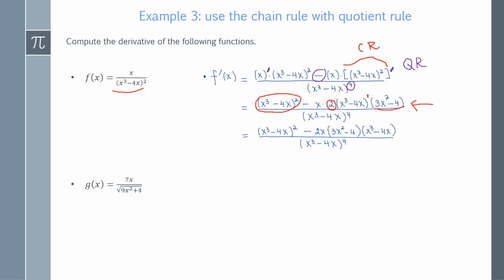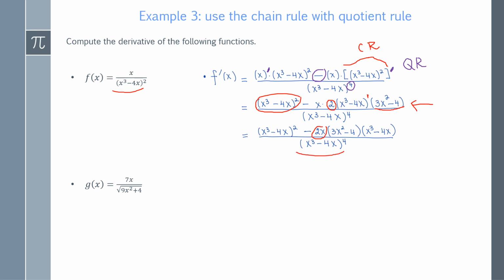And now the only thing that I can do is just rewrite it as follows. So (x cubed minus 4x) squared minus 2x times this product right here, (3x squared minus 4) times (x cubed minus 4x), divided by this right here.